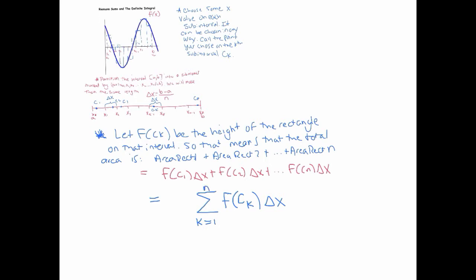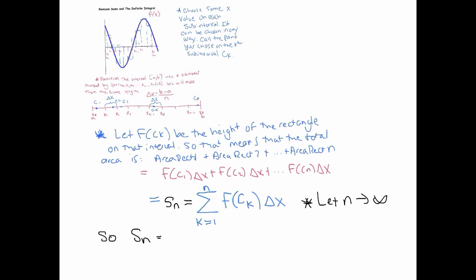So now here's the key move. We're going to let n, which represents the number of rectangles we made, go to infinity. So if we let n go to infinity, then I'm going to write s sub n, that's the sum of the areas of all n rectangles.